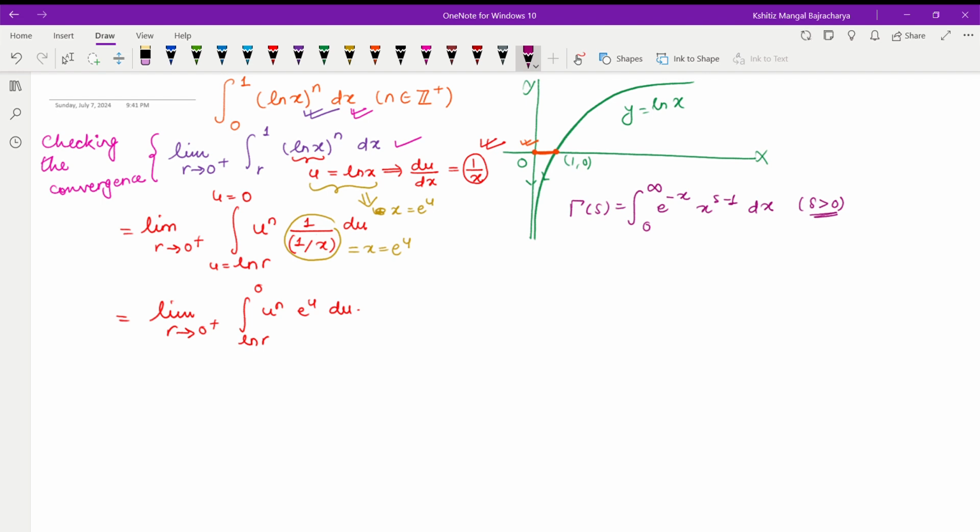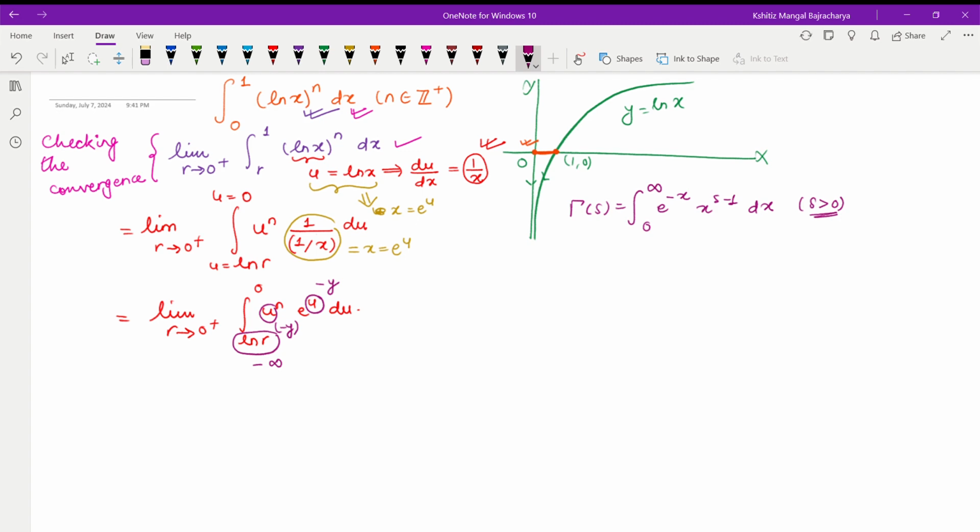Now let's see. This limit is around minus infinity, this limit is 0 as it is, and we have u over here. We just need something else, and we're going to use the something else over here as well.